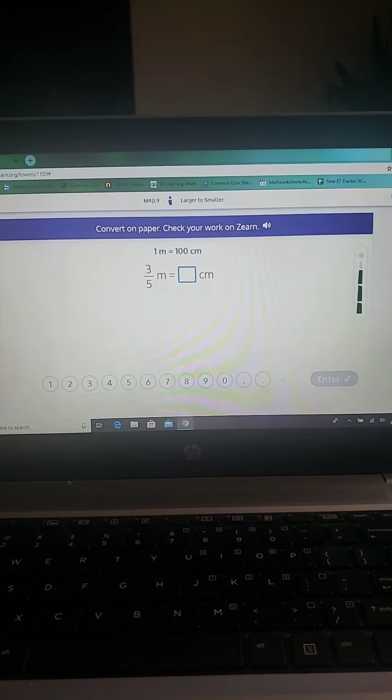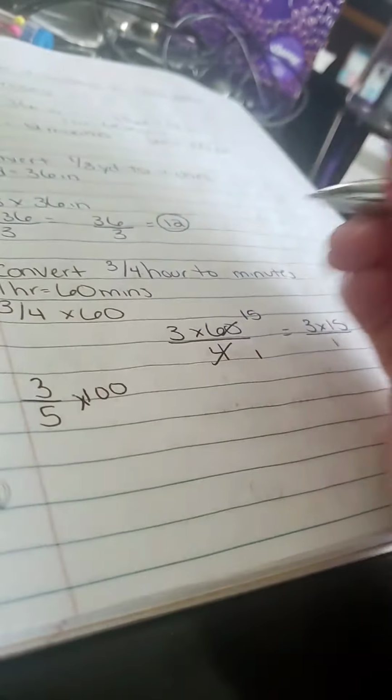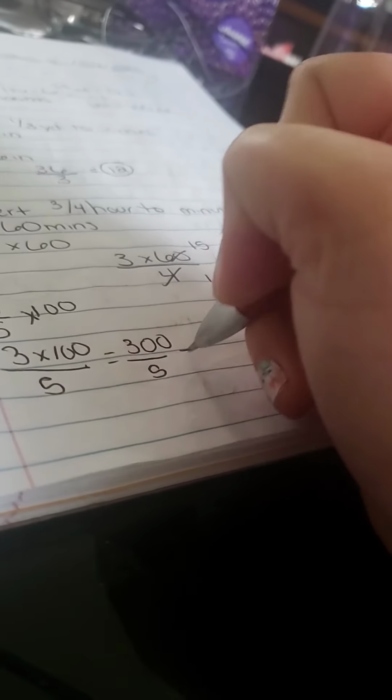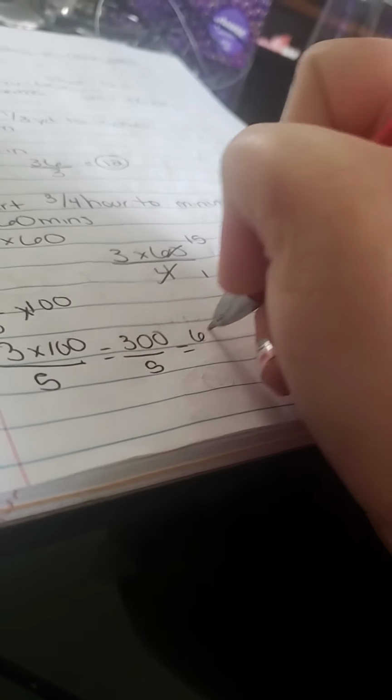We have 3/5 times, and the conversion would be 100. So times 100. So 3 times 100 over 5. You can do it as 300 divided by 5, and you would know that'd be 60.